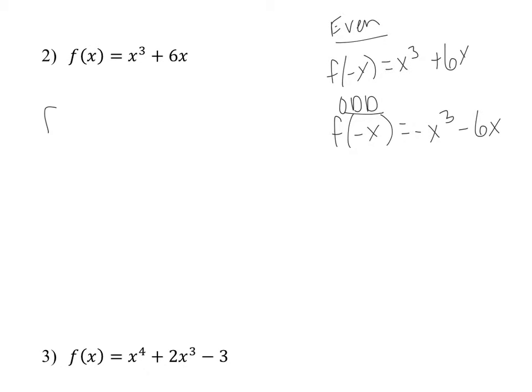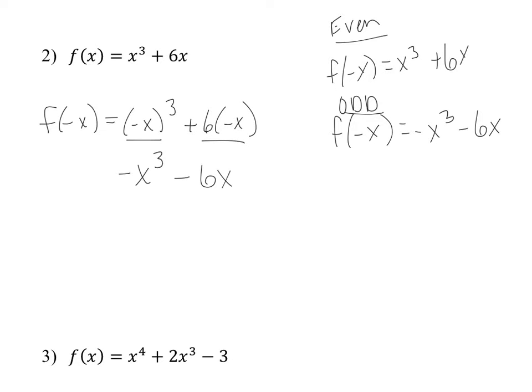So let's do it. Plug in negative x into every spot that there's an x. This is an odd exponent, so the sign stays the same. And 6 times negative x. All right, so this sign change matches this one, so this is an odd function.